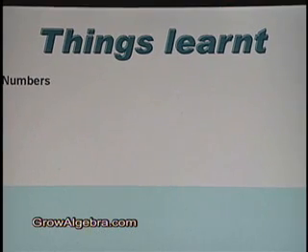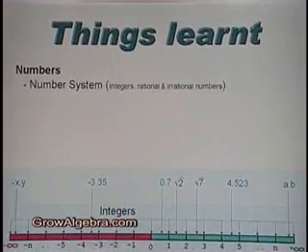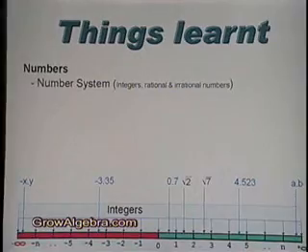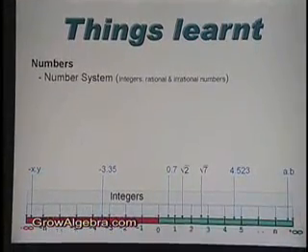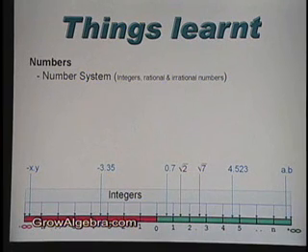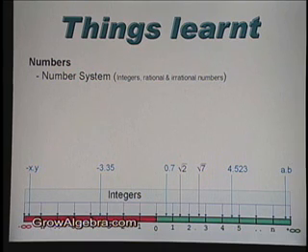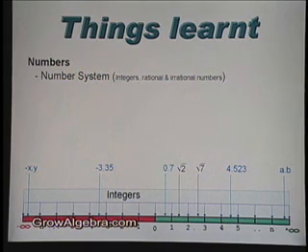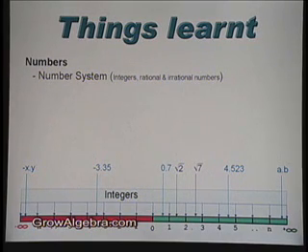Numbers. We have learned numbers. You remember this slide where we talked about integers, rational numbers, irrational numbers, and the infinity sign. Anything which is x divided by y, where x and y are both integers, is called a rational number.